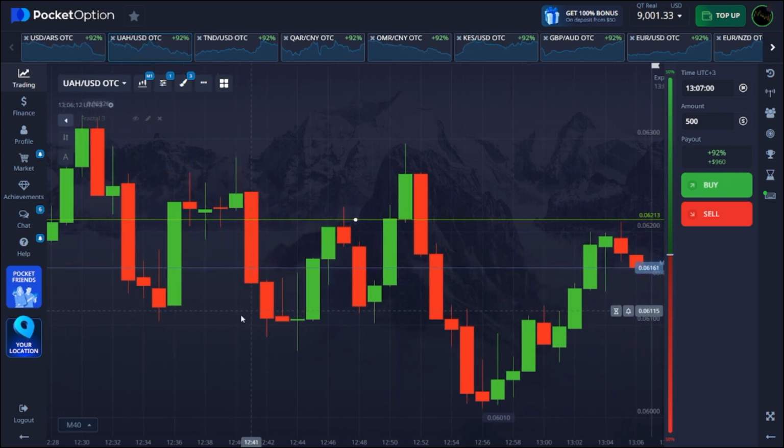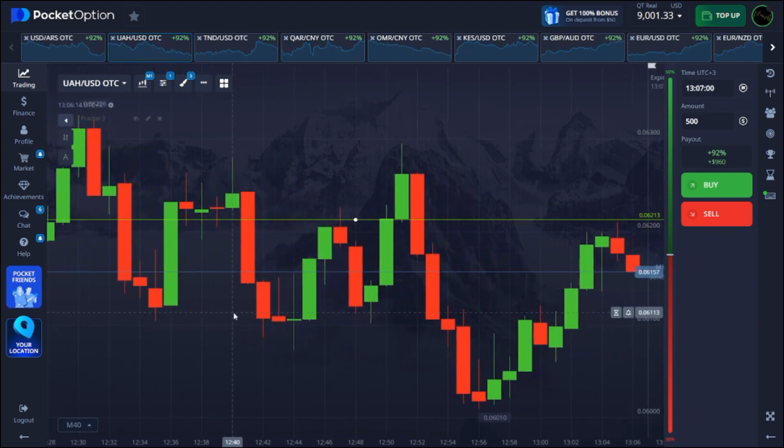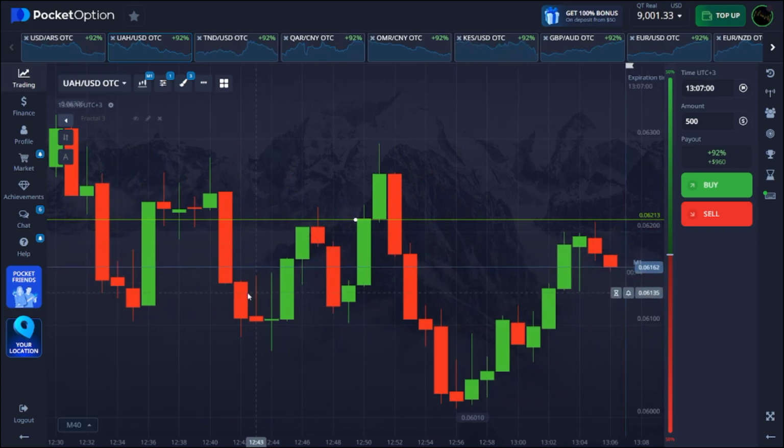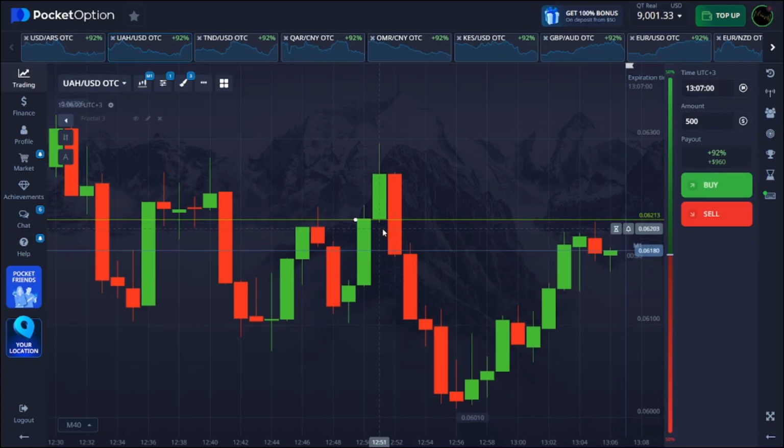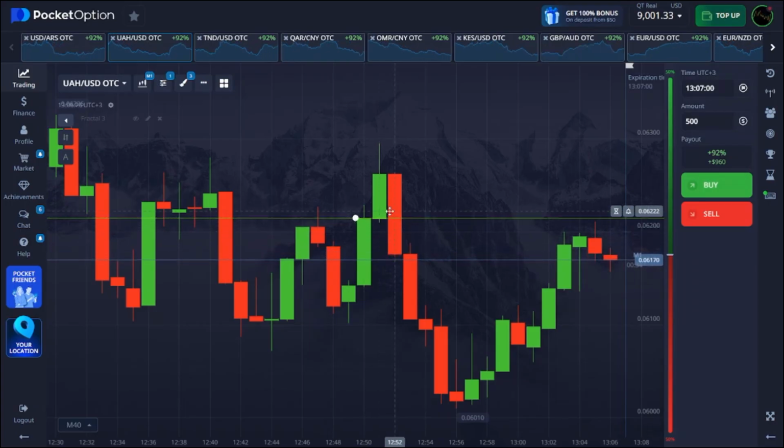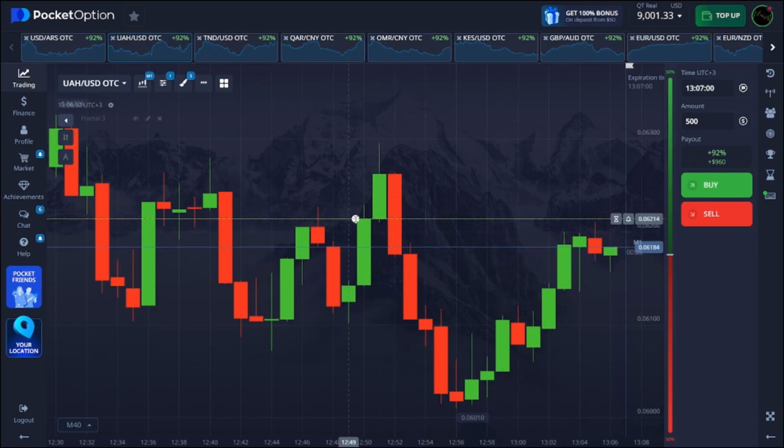Again, I'll try and explain the strategy one more time. What we're doing is looking for the perfect engulf and supply or demand area. So for example, right here we have this point. We are waiting for our market to come to that point, and exactly at that point we sell.